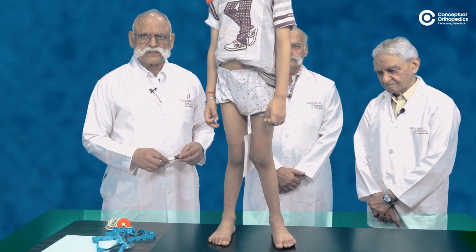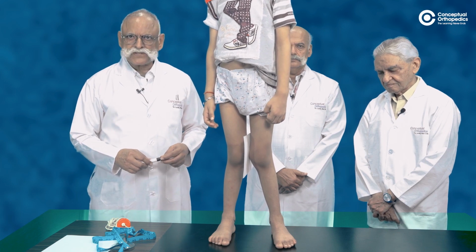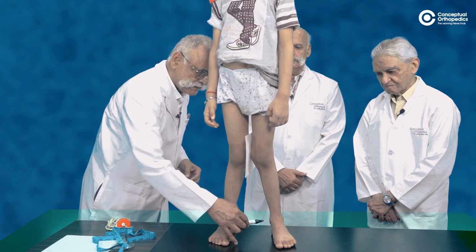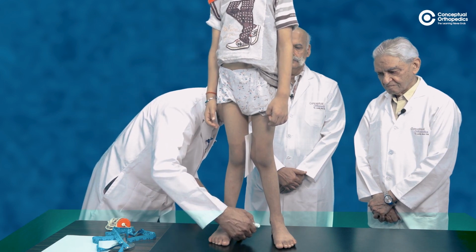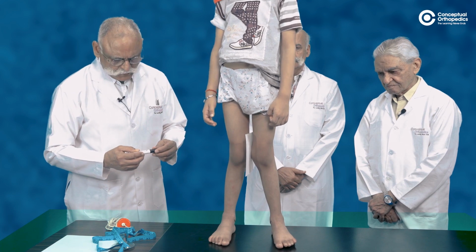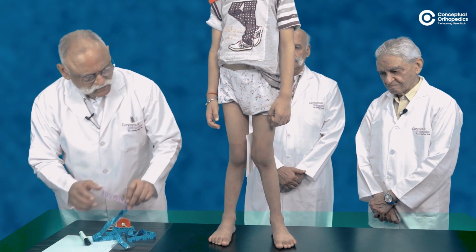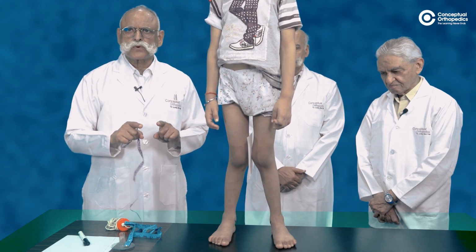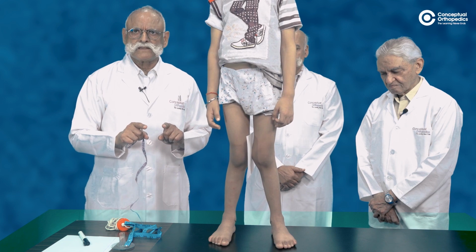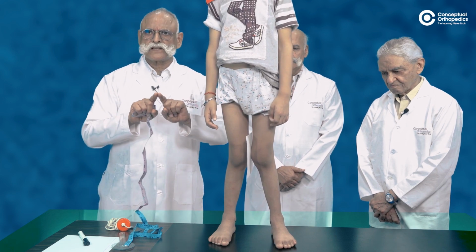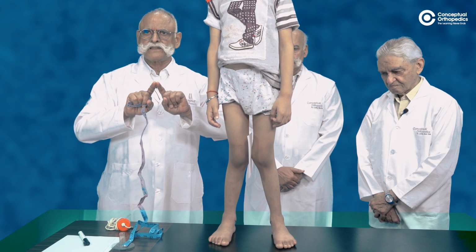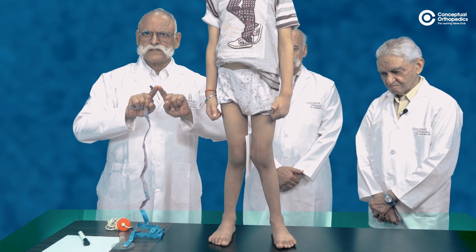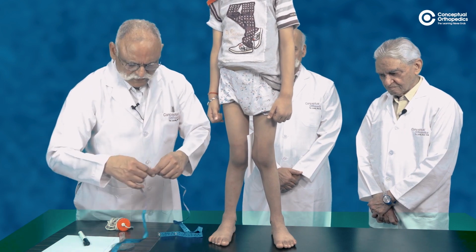Now the magnitude of the deformity can be measured by marking the tip of the medial malleoli on either side, and while the patient is standing and able to hold the paper between the two condyles, with the medial condyles brought in apposition with each other, the deformity can be well measured as the intermalleolar distance.